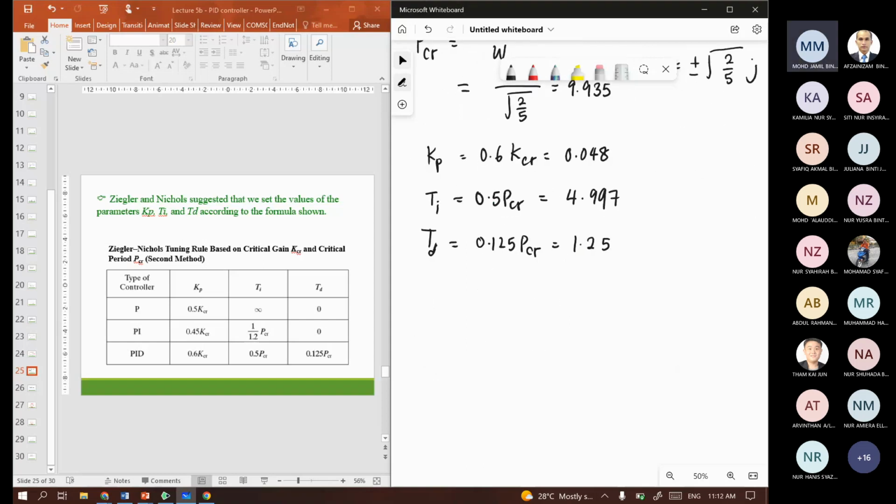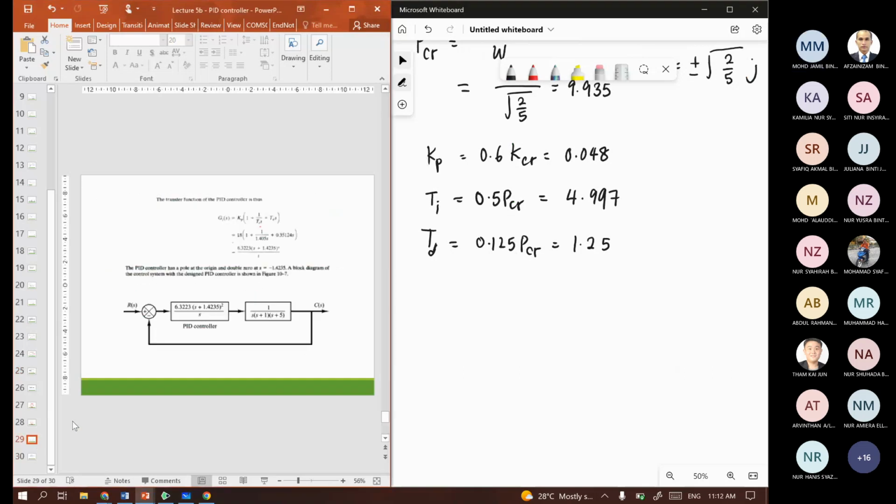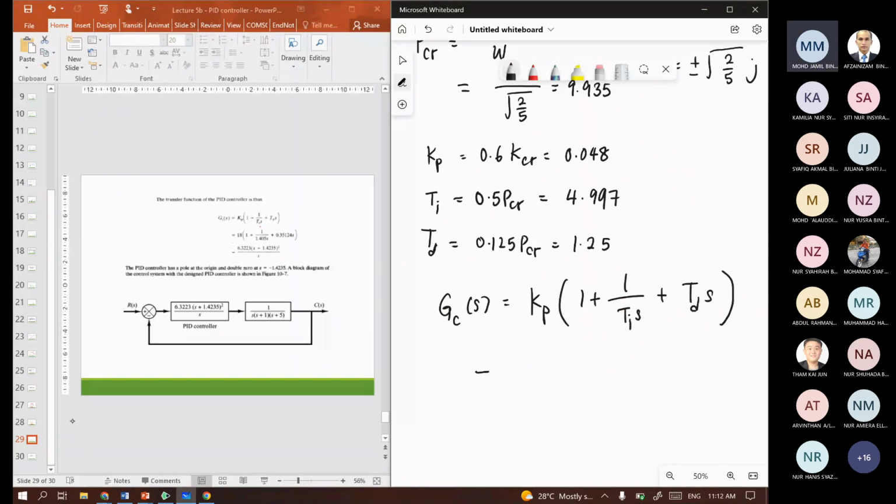So after you get all KP, TI, and TD, then you need to rewrite the transfer function for the controller. So GC(s) equals KP times 1 plus 1 over TI s plus TD s. So just substitute back all of the values.